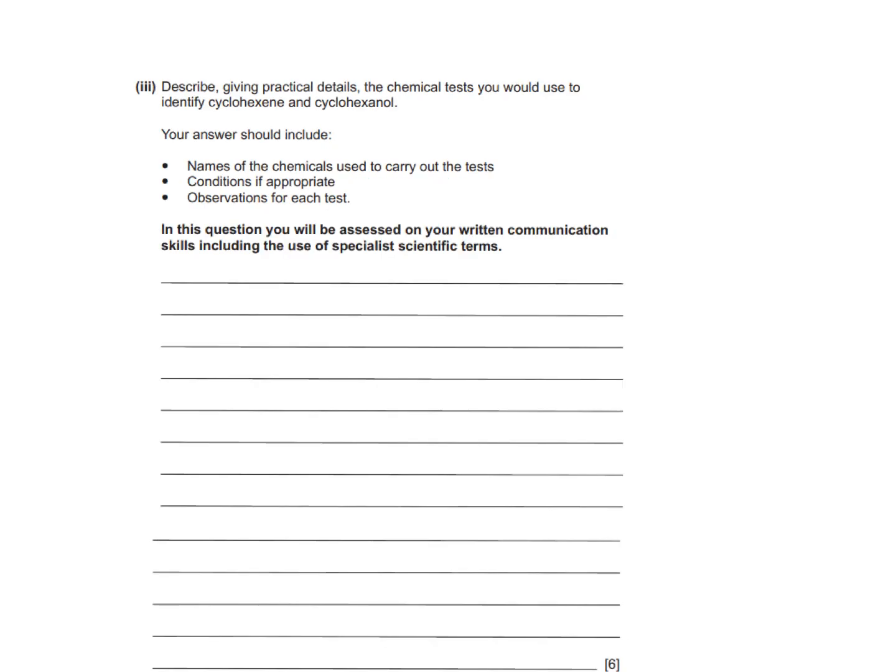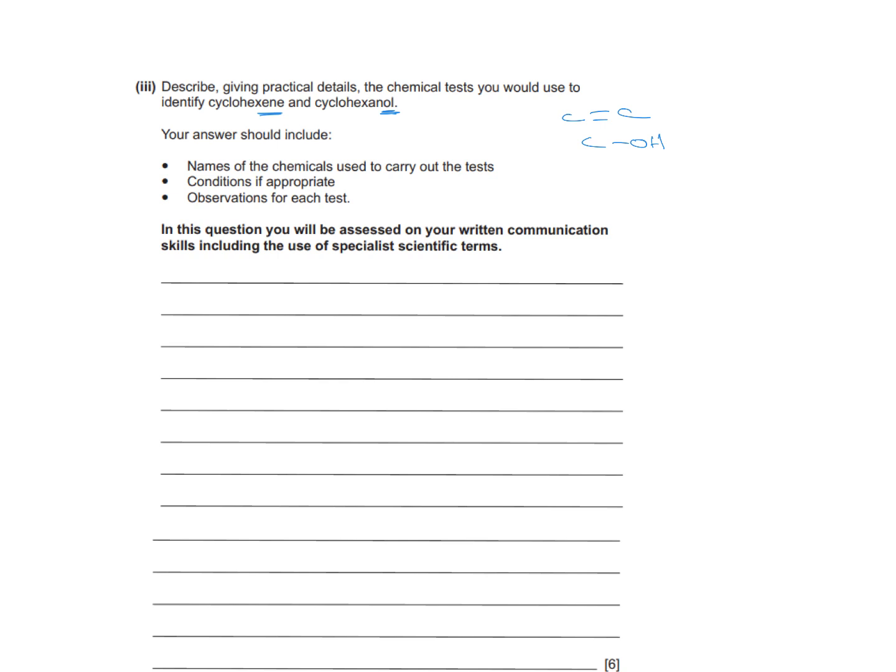Part 3. Given practical details, describe chemical tests you would use to identify cyclohexene and cyclohexanol. Well, the cyclohexene has a carbon-carbon double bond, and the cyclohexanol has this OH group.